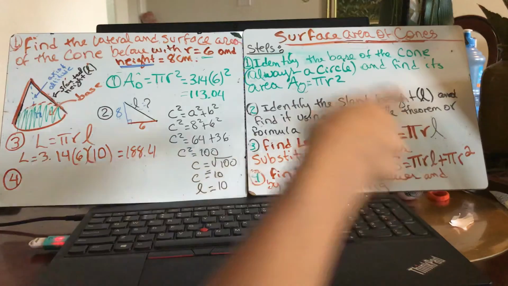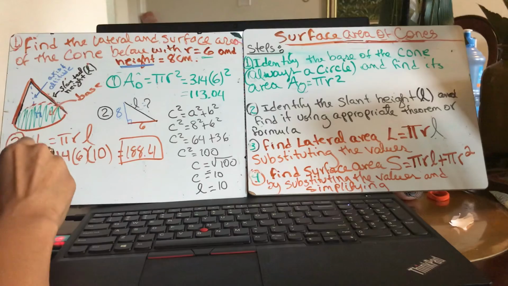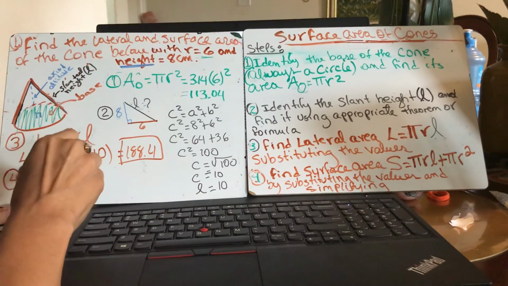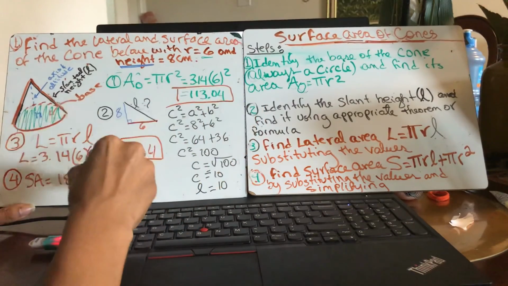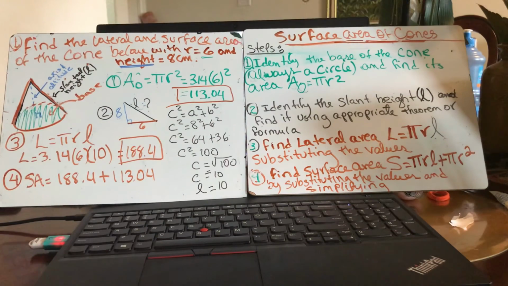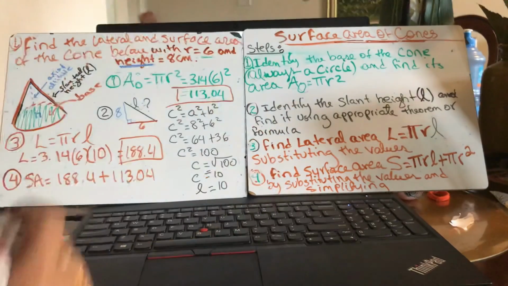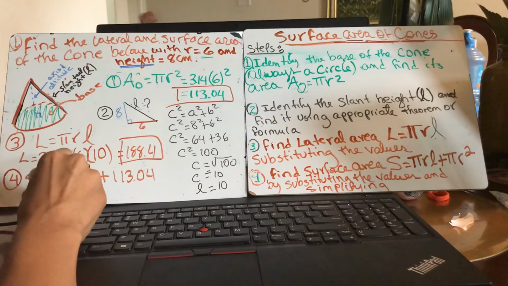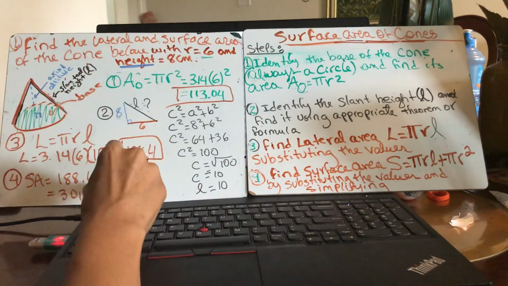So it's basically L plus B. The surface area is going to be the lateral area, 188.4, plus the area of the circle, which is 113.04. When I add that in the calculator, I get 301.44. Don't forget your units squared, and that is centimeters to the second power.